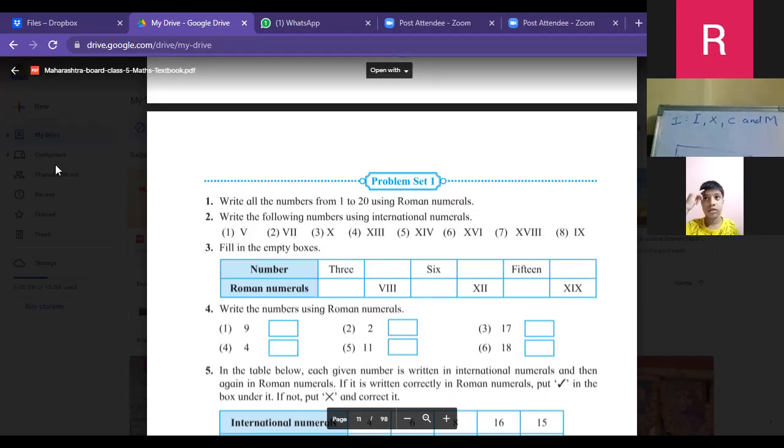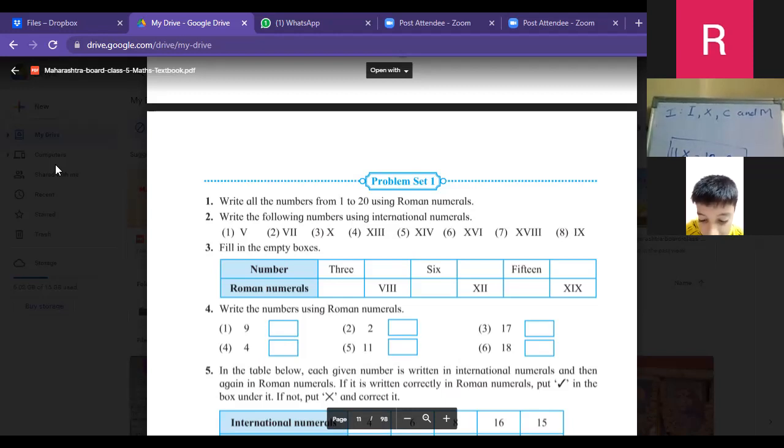Now 5, how can you write 5? Can you tell me the 7th one? Just read it and tell me the number. 10 plus 5 plus 3. Very good.